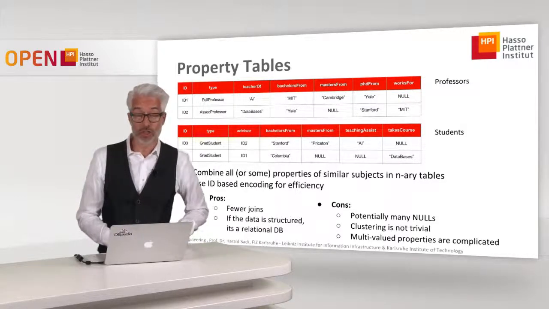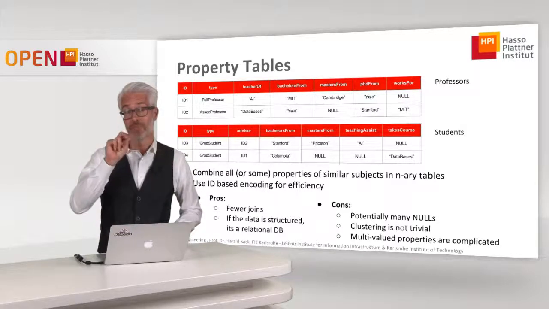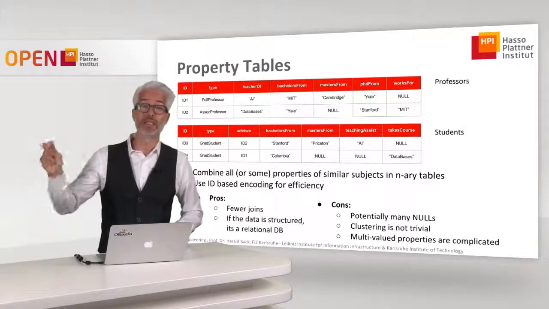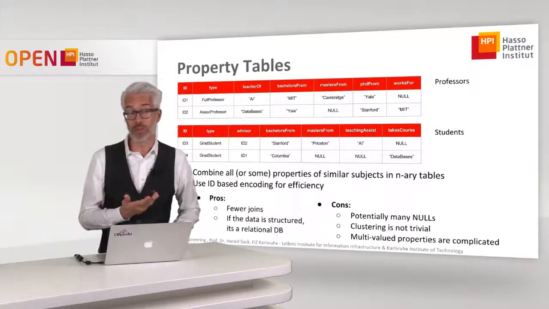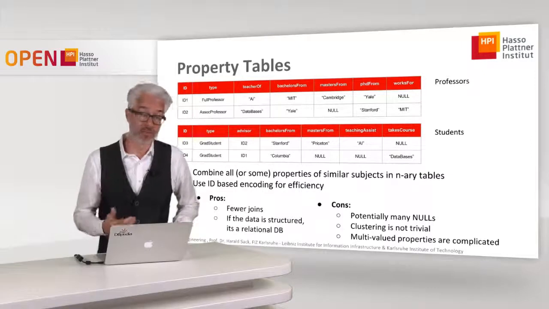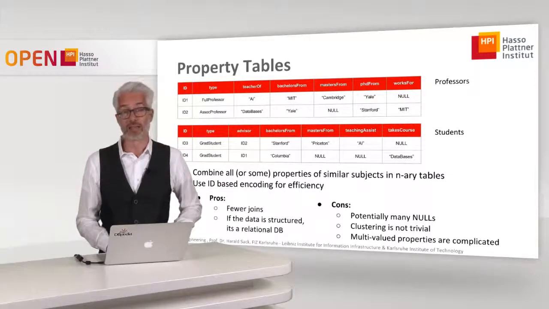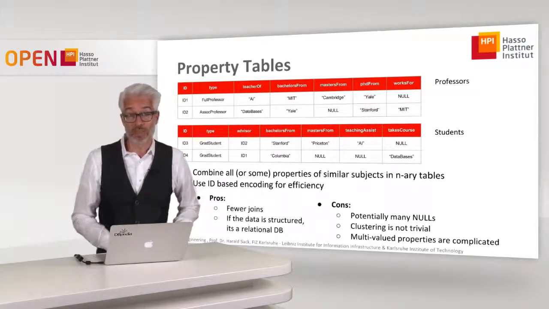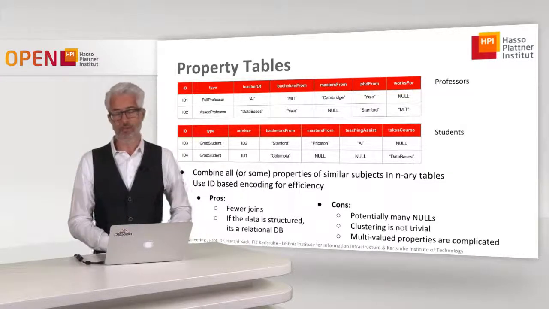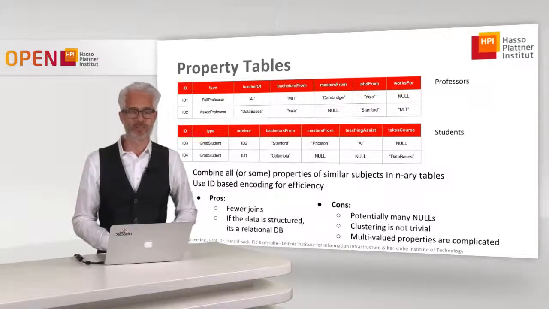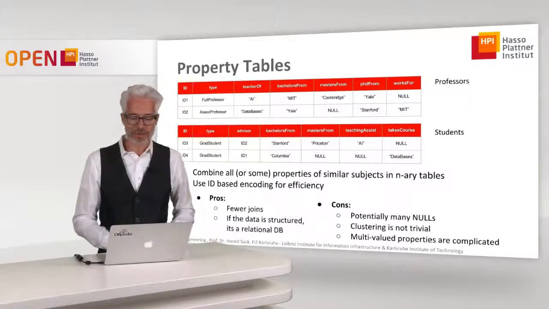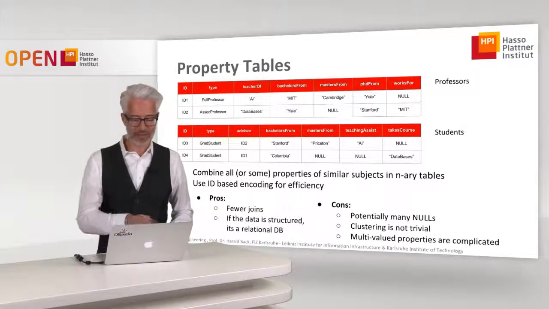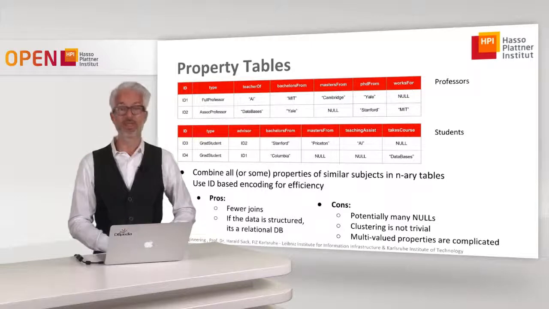But potentially, you do not necessarily have for each property really an entry for each subject. Therefore, you will end up with tables which contain lots of null values, which is also not very nice. And another major drawback is multi-valued properties are not really possible. So for example, just think of a student who is taking several courses or a professor who is teaching several courses. Here, for example, you have a full professor who is teaching AI.